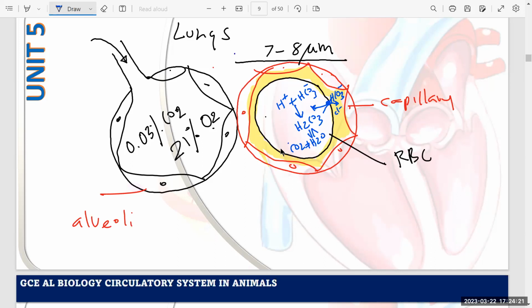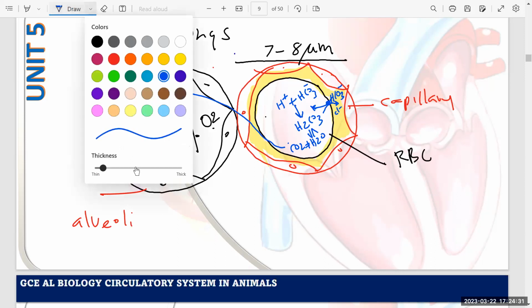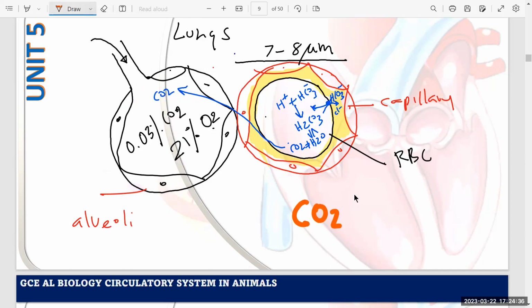Now this carbon dioxide can go out again to the alveoli, because on this side the carbon dioxide concentration is high. So CO2 concentration is high in the capillary and low in the alveoli. So what is the method? Diffusion.